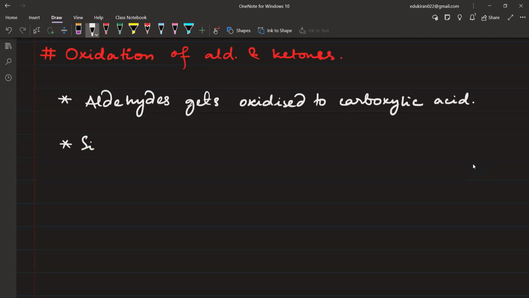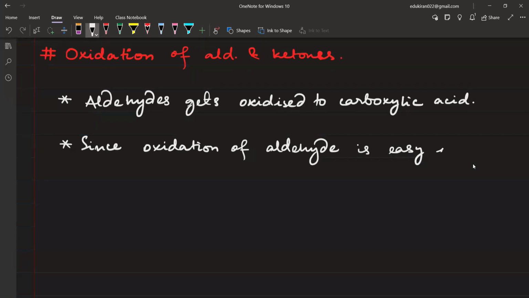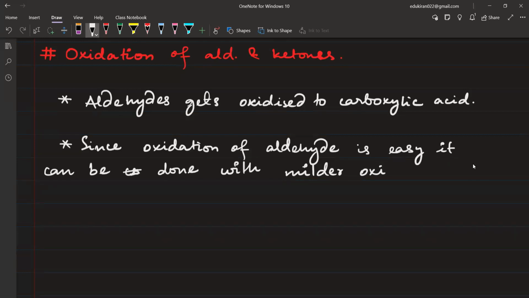Since oxidation of aldehyde is easy, it can be done with a milder oxidizing agent.